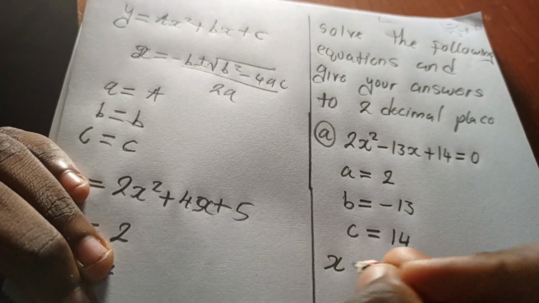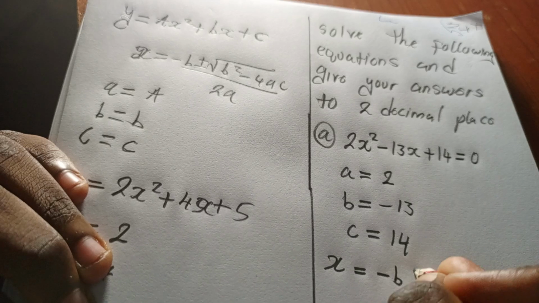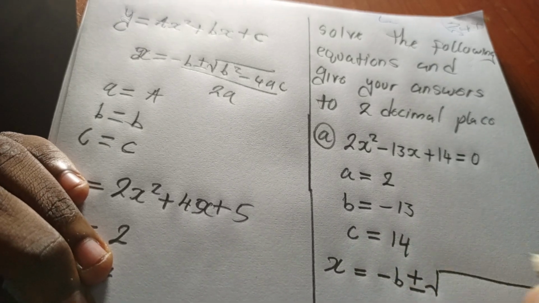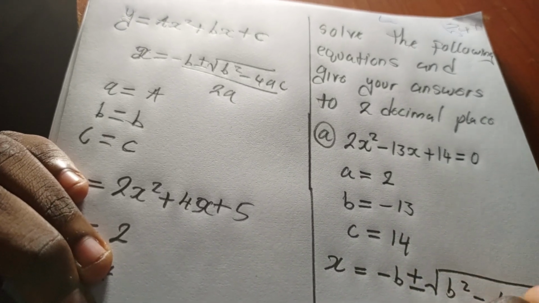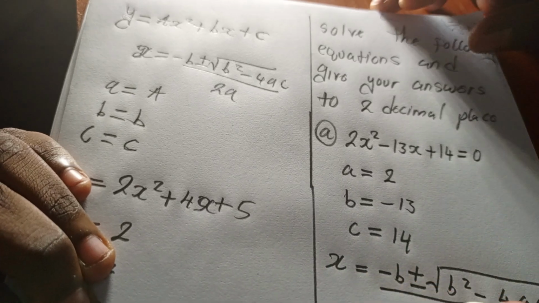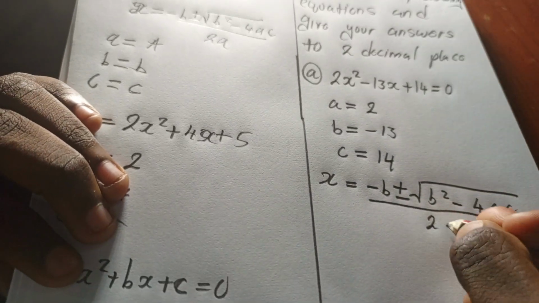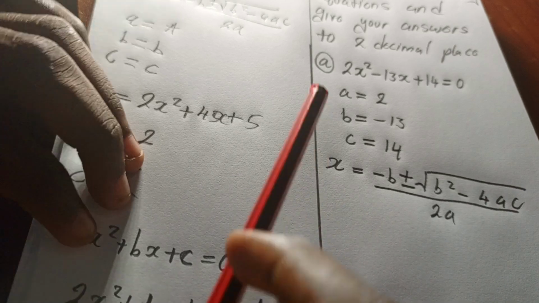x is equal to minus b plus or minus the root of b squared minus 4ac over 2a. We can plug in the values.